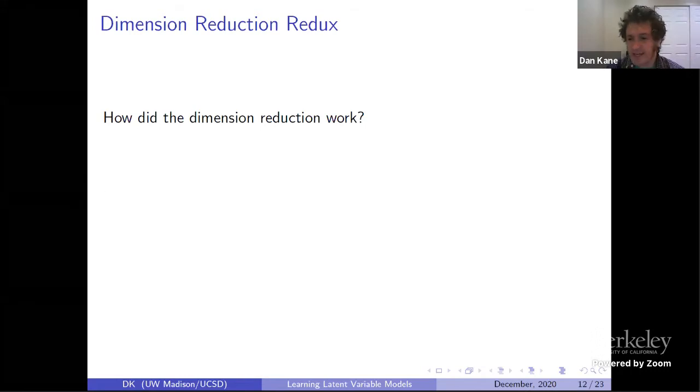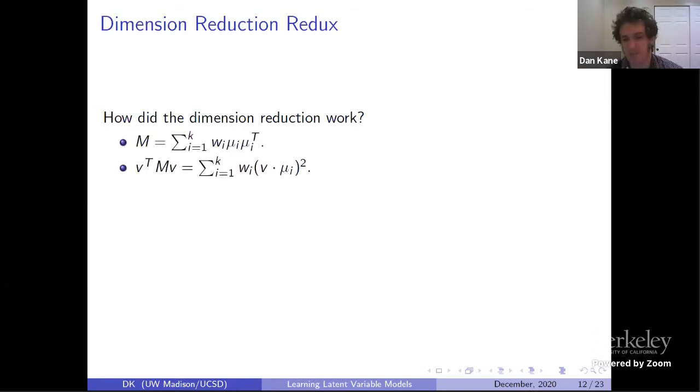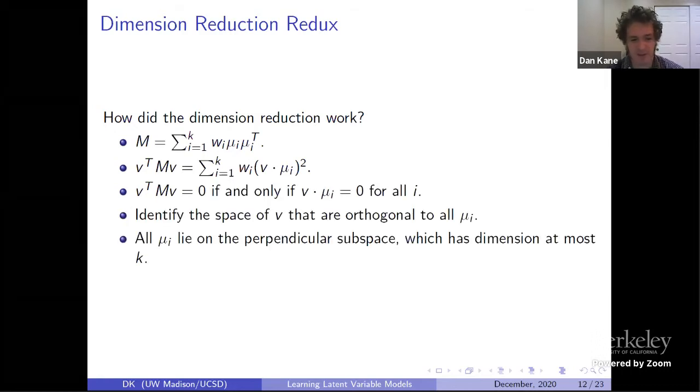In order to get an idea for this, let's take another look at how this dimension reduction step works. So we have the second parameter moment matrix M. And you'll note that for some vector v, v transpose M v is the sum of w_i times (v dot mu_i) squared. And you get this interesting thing that v transpose M v is going to be 0 if and only if v dot mu_i is 0 for every i.